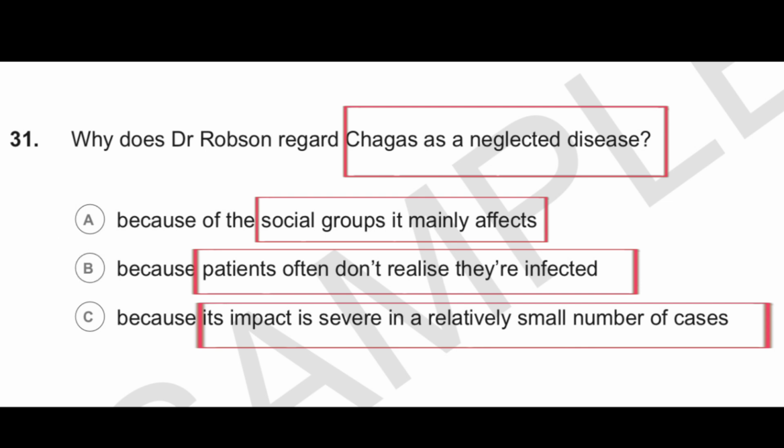70% of those infected never develop complications. For the other 30%, the disease tends to remain silent for a long time, often 30 years, but it eventually enters a chronic phase characterized by serious cardiac, digestive system, and neurological disorders. So he mentioned option C. He said, for the other 30%, so that would mean a relatively small number of cases, and then he said, it enters a chronic phase characterized by serious disorders, so that's synonymous to its impact is severe.